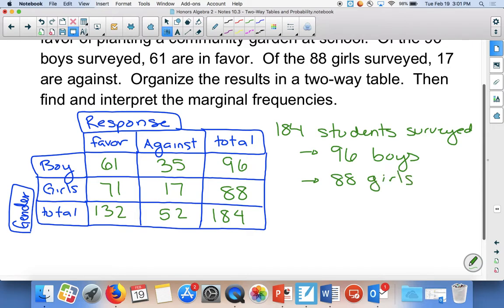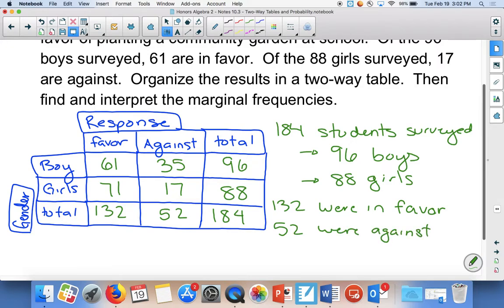So you kind of have two subcategories under there. And then you just tell me what the 132 was. So 132, just put were in favor. And 52 were against.